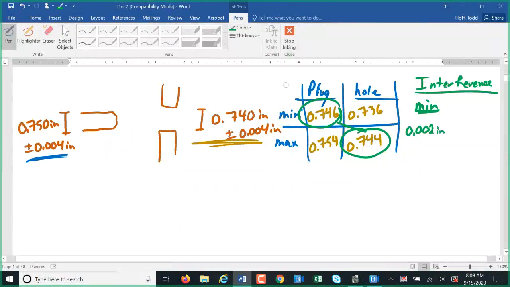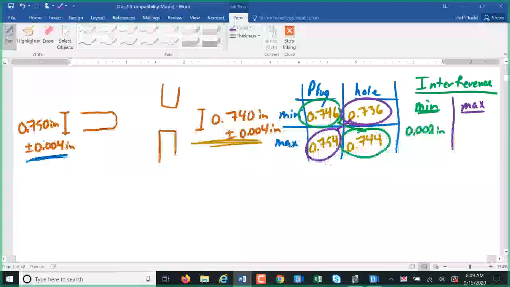Good. Our maximum interference is when the plug is large and the hole is small. What's that difference? 18/1000ths of an inch.